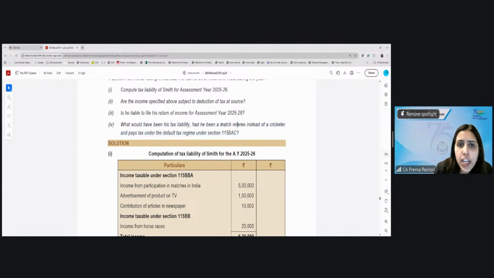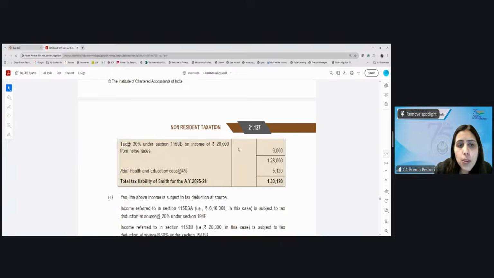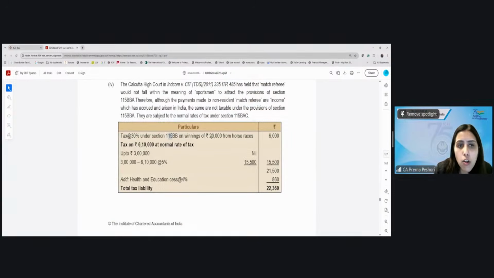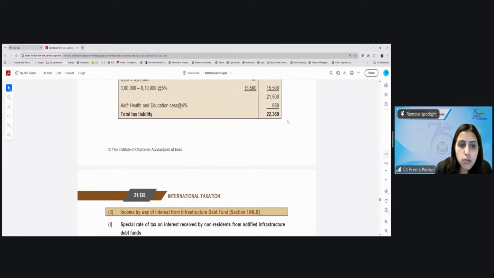If he is a match referee, he is not eligible for 115 BAA, BBA. So then in that particular case, you will compute as per 115 BAC on this 6 lakh 10,000 and still on the winnings, there will be 30%. Are we clear? Yes or no?